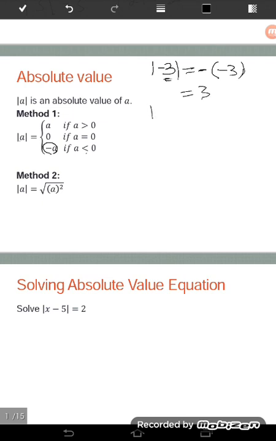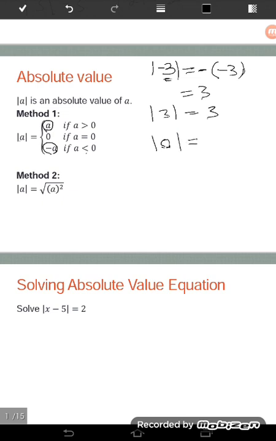Okay, so another example, modulus of 3 equal to, okay, so now A is 3. So 3 is greater than 0. So therefore for this one we use formula number 1, which is A. So the answer is 3. Okay, so modulus 0.